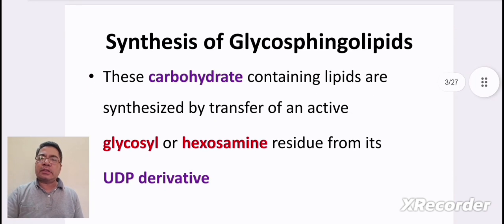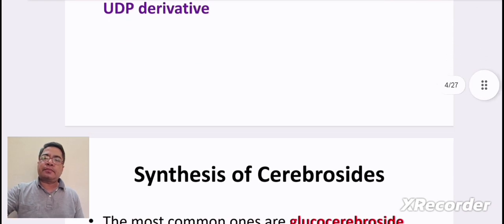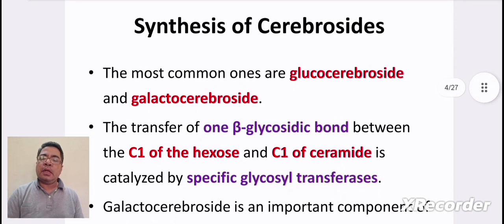Coming to synthesis of glycosphingolipids. These carbohydrate containing lipids are synthesized by transfer of an active glycosyl or hexosamine residue from the UDP derivative. Coming to synthesis of cerebrosides.